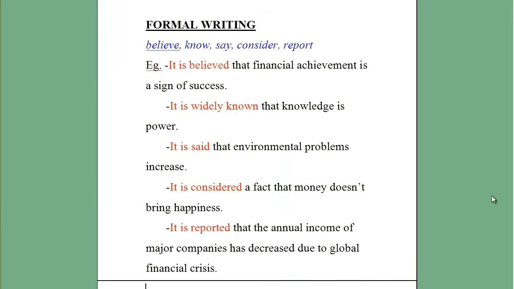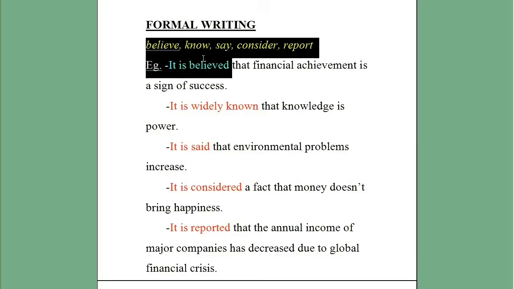Okay? So those of you who are going to write formal essays either in IELTS exams or in any kind of exams for that matter, you should know that passive voice is always preferred in these kind of formal writings. For example, verbs such as believe, know, say, consider, report. These verbs can form an impersonal construction in passive voice, which is great for a formal essay.